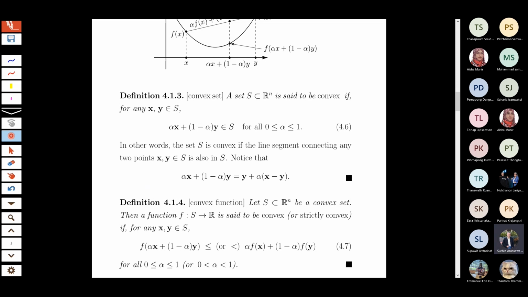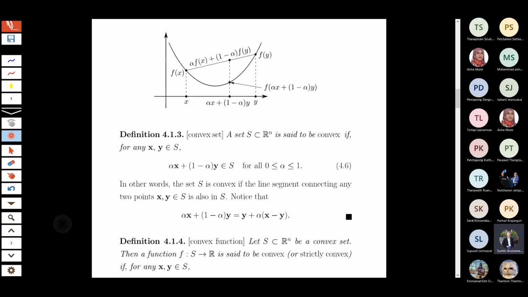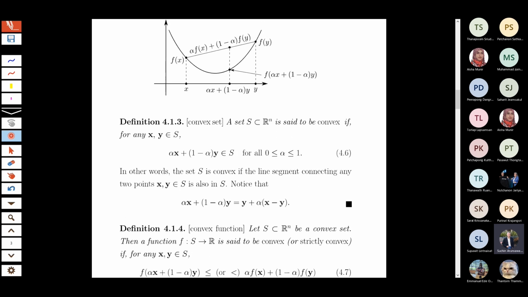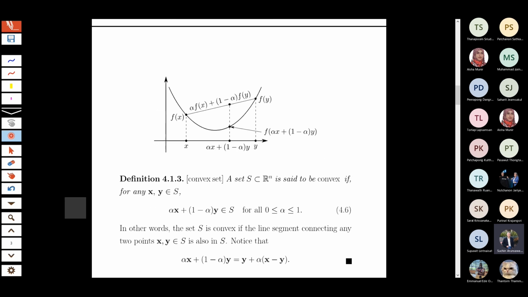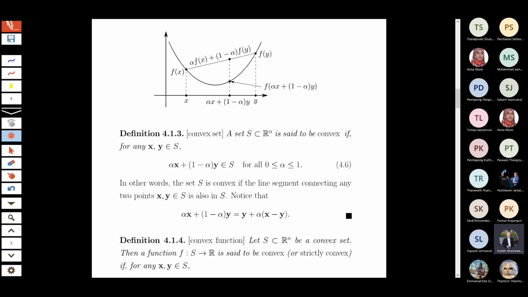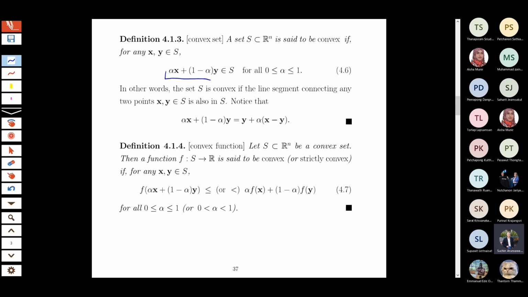Now let's see. When you look at 4.6, the term alpha x plus 1 minus alpha y is called a convex combination of x and y.